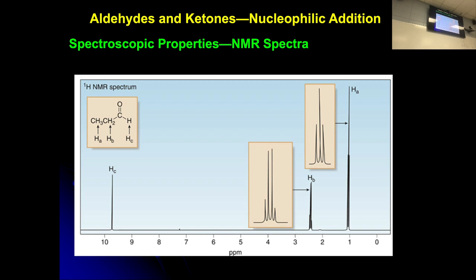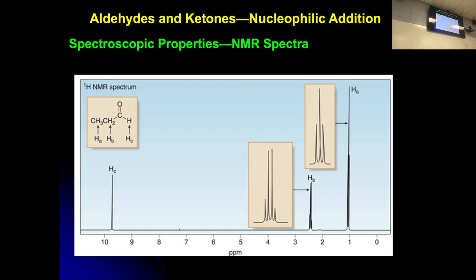Why? It's the furthest away from the carbonyl, so it's least deshielded, that's true, right? What about its shape? Does the splitting make sense? That's a triplet, which means it has how many neighbors? 2 neighbors, that makes sense, right?